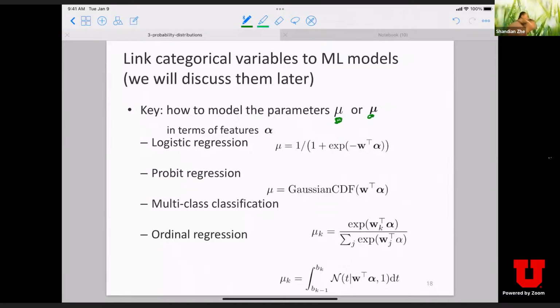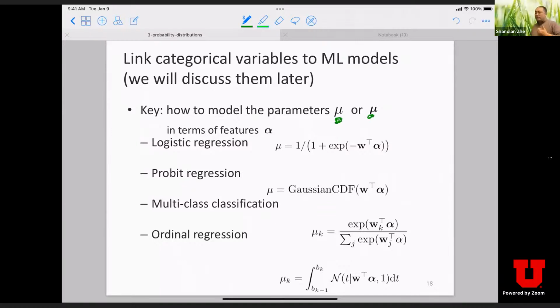For example, you got image pixel values, and I want to use these pixel values to model a categorical distribution, which can tell the likelihood that this image belongs to class 1, class 2, class 3, and so on.